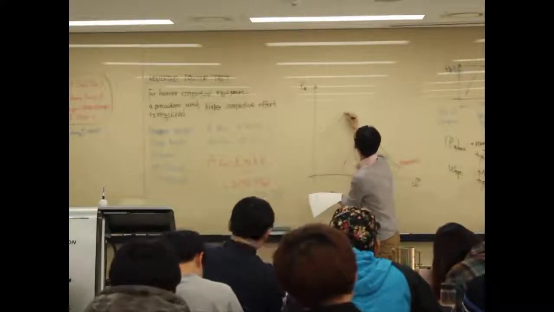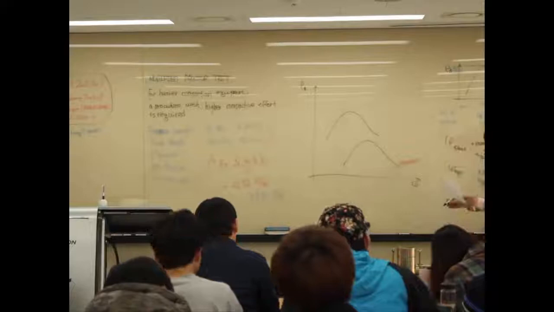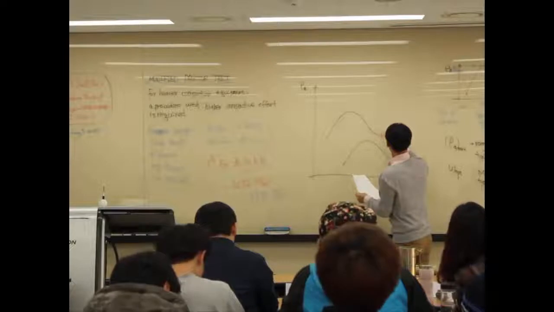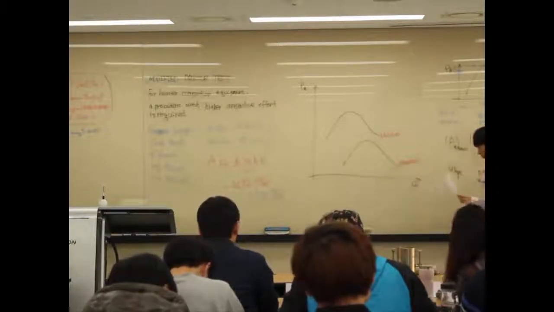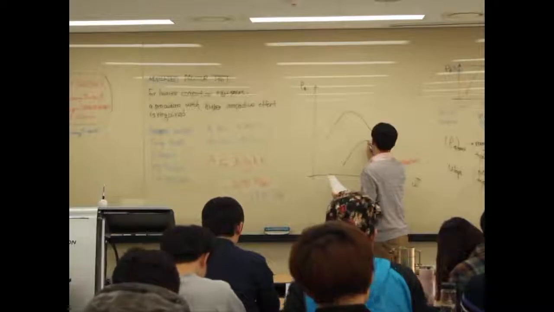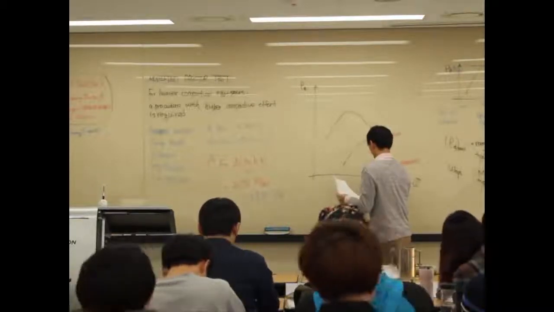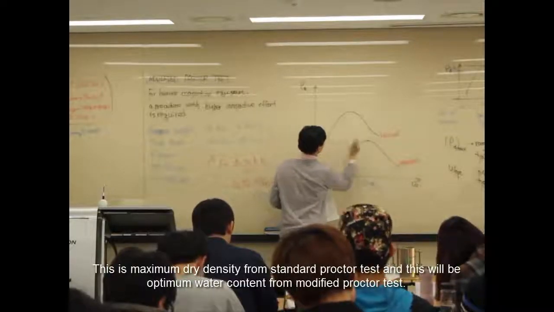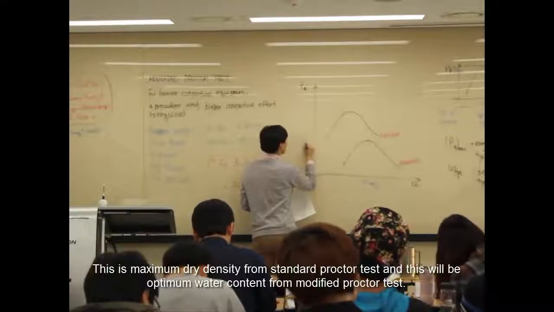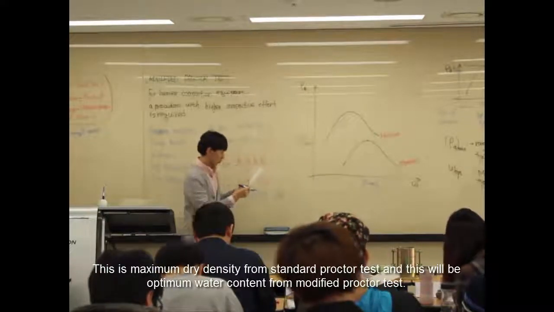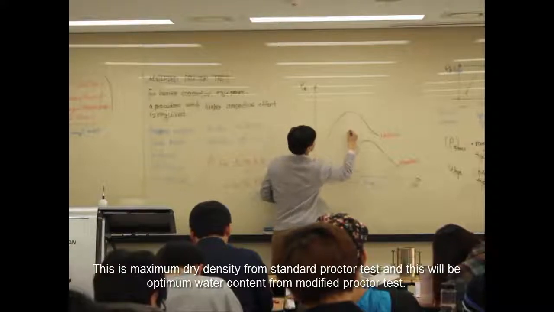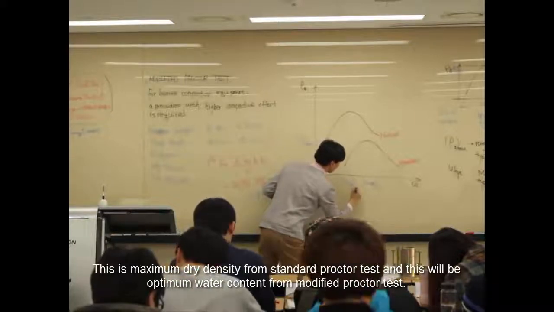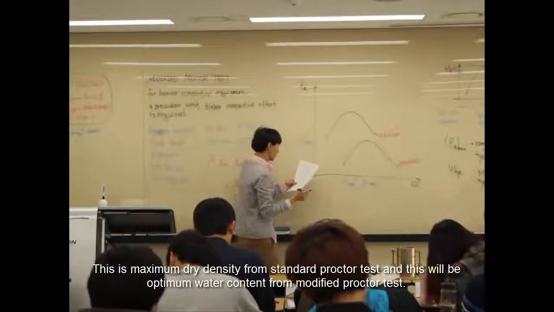So you get this kind of curve, from the standard Proctor test, and this will be the optimum water content from the modified test.